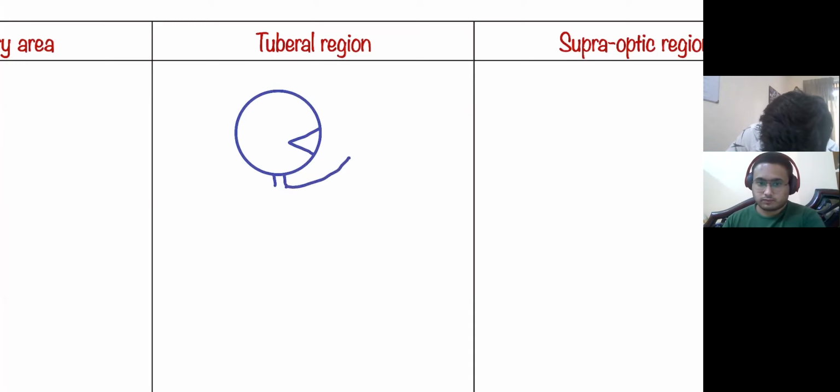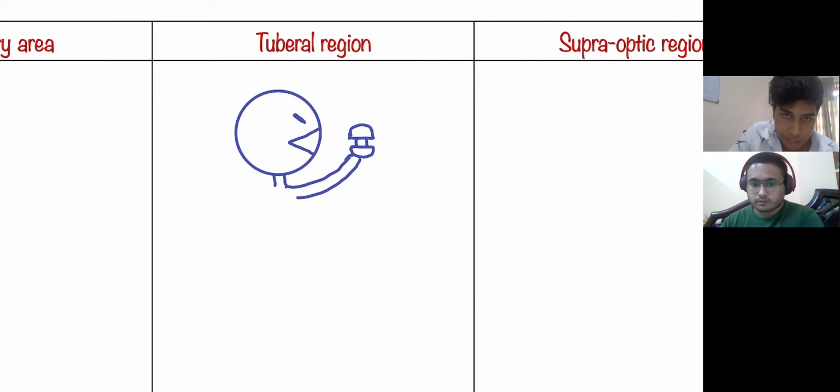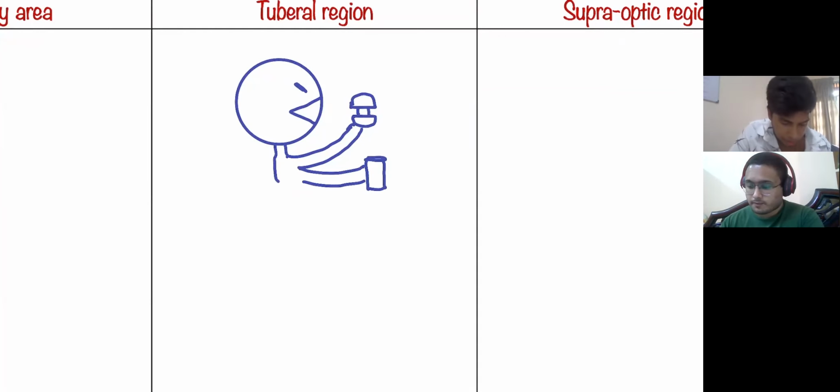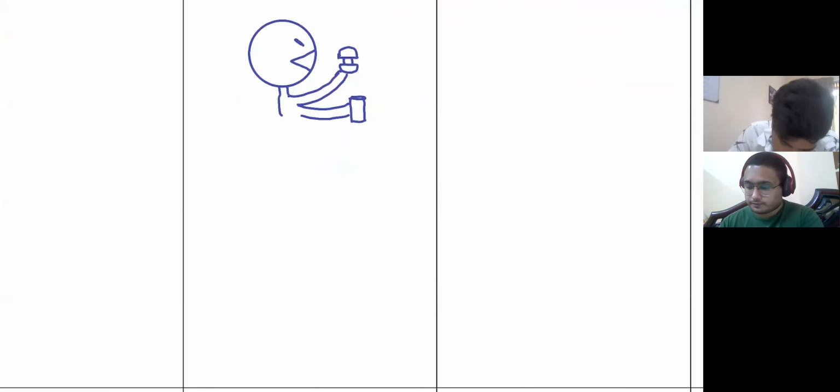This is the hunger controlling center. It tells you that you're hungry. I drew the eyes like that to show that he's angry. This nucleus is involved in hunger and thirst, and it is called the lateral hypothalamic nucleus.